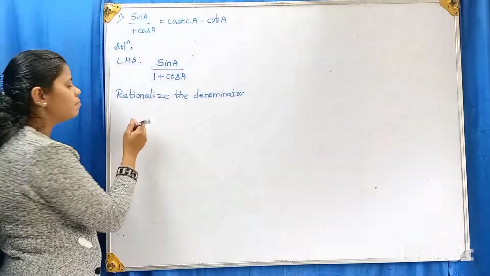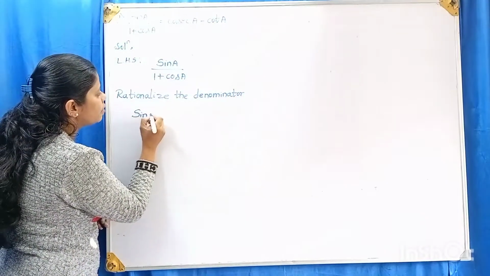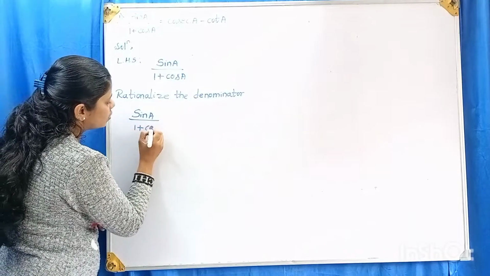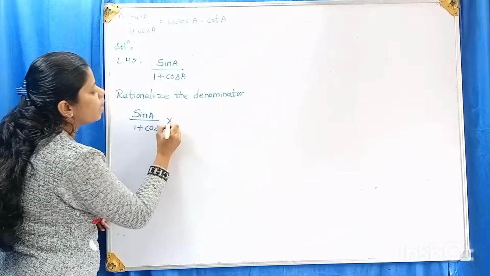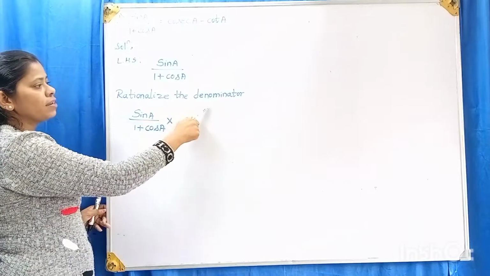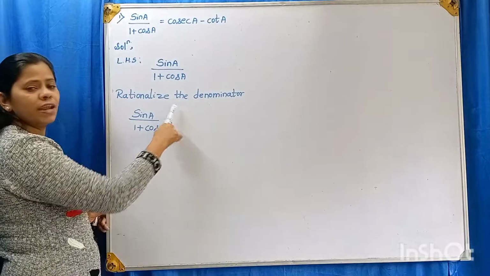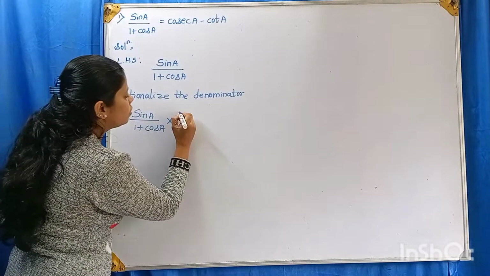That is, it will become sin A divided by 1 plus cos A. Since we are rationalizing the denominator, we have to multiply 1 minus cos A to the numerator and to the denominator.